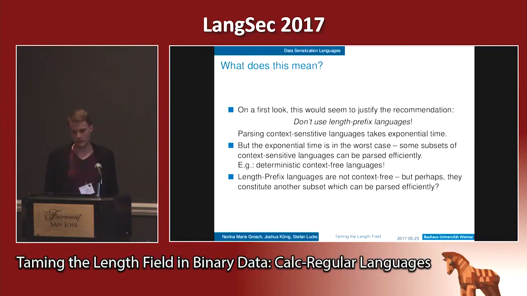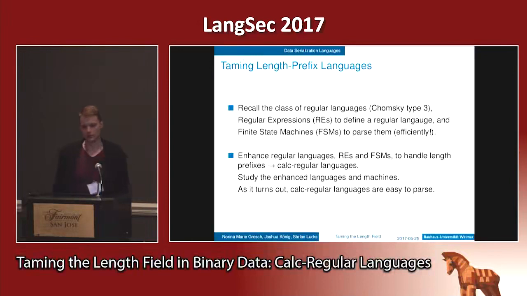So maybe there is a subset of another subset of context-sensitive languages which contains length prefix languages, but can also be parsed in reasonable time. Therefore, we had to recall our knowledge of regular expressions and finite state machines. And then we enhanced this knowledge so they could handle length fields.